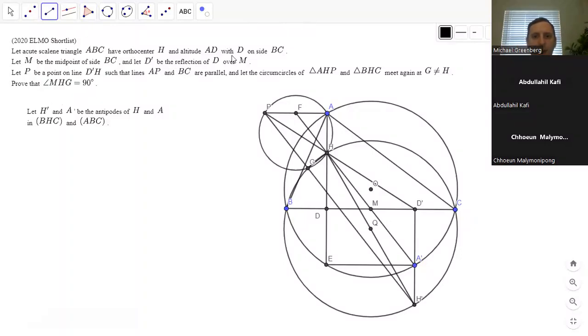And yeah, because AO equals OA prime, so we know FO is parallel to PA prime. I wonder if that helps us really.